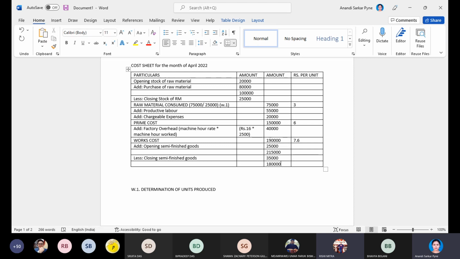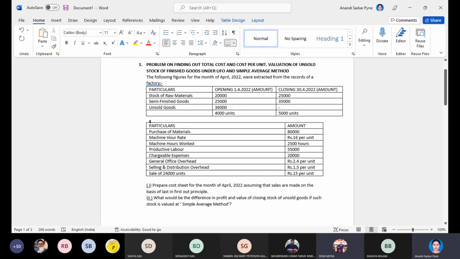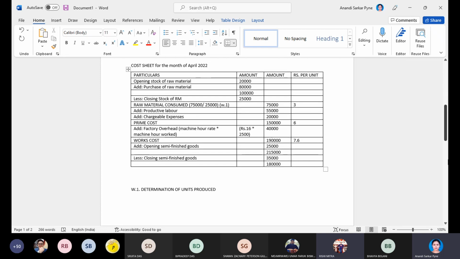Now, how will you know that this is the next step you should take? Keep in mind, if the question mentions work in progress or semi-finished goods, you have to add and less it before. Then you can come to the general overhead. So, 1 lakh 80 divided by 25,000. Why not in other problems necessarily, but in this problem?